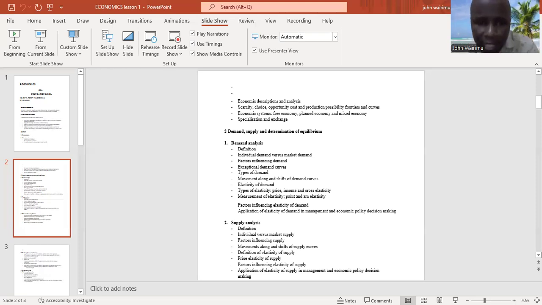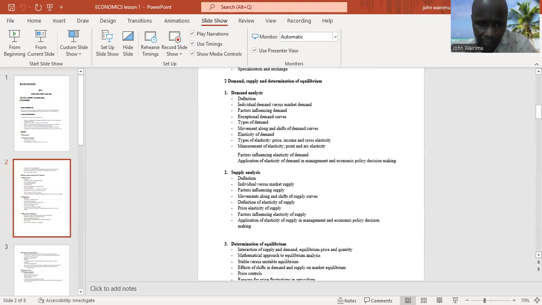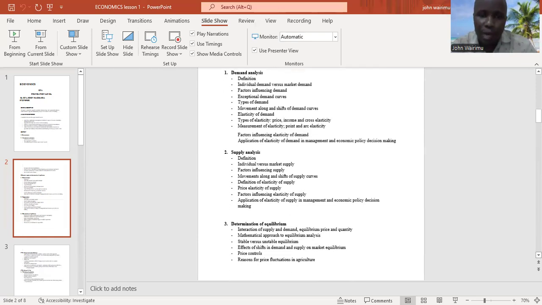We're looking at what is demand. We shall also look at what is supply. The same thing, we shall look at the definition of supply, individual versus market supply, factors influencing supply, movement along and shift of supply curve, definition of elasticity of supply, price elasticity of supply, factors influencing elasticity of supply, and we also will end up with application of elasticity of supply in management and economic policy decision making.